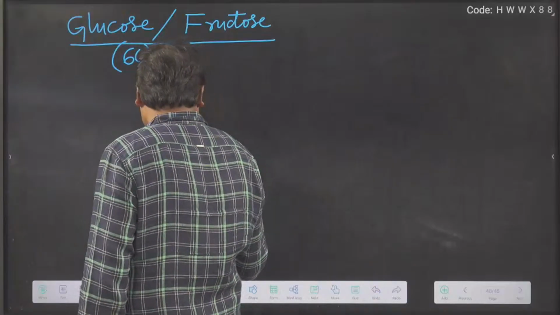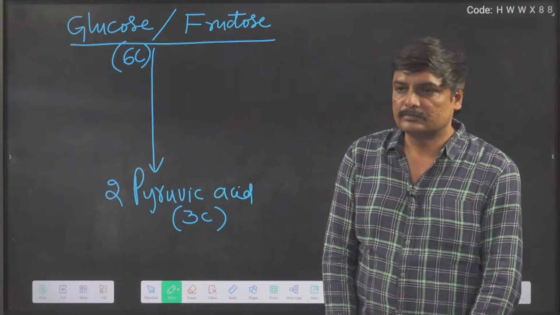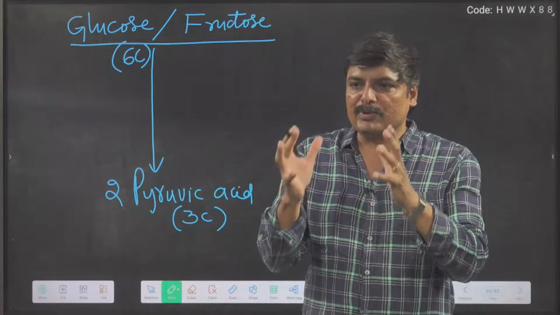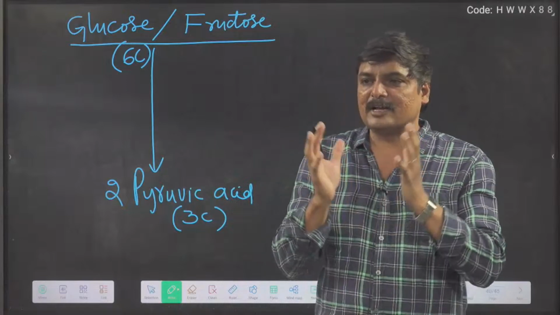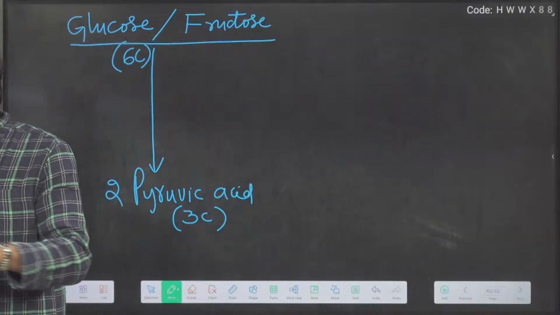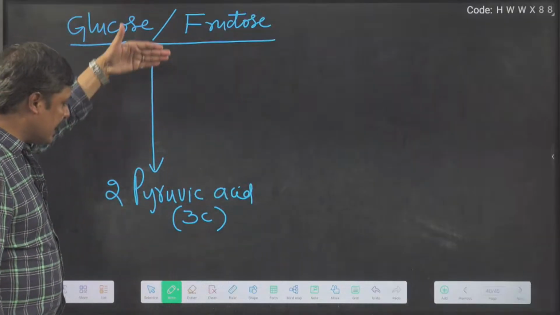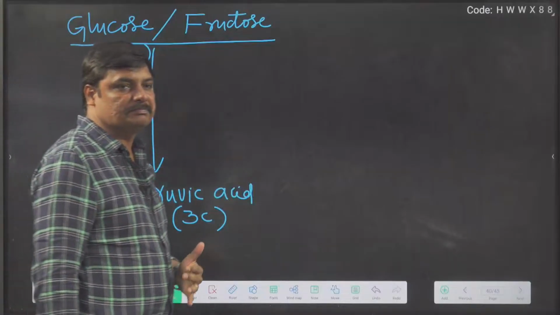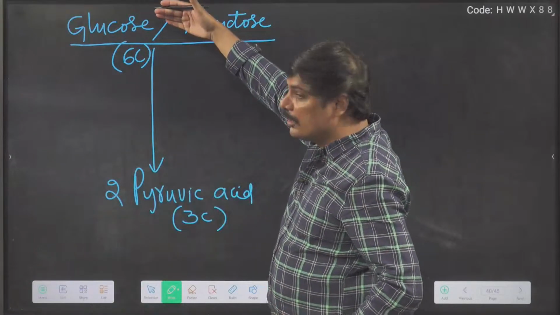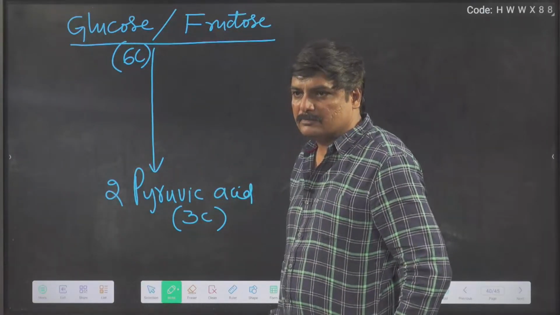So pyruvic acid is a 3-carbon compound. A 6-carbon molecule breaks down into 3-carbon molecules. Okay, clear? Next. This is a catalytic breakdown pathway. A 6-carbon molecule ultimately breaks down into two 3-carbon molecules.